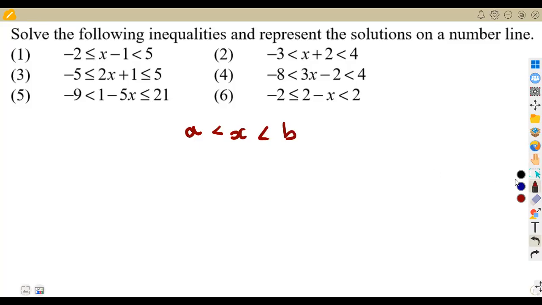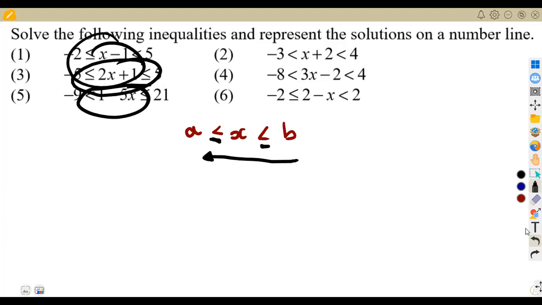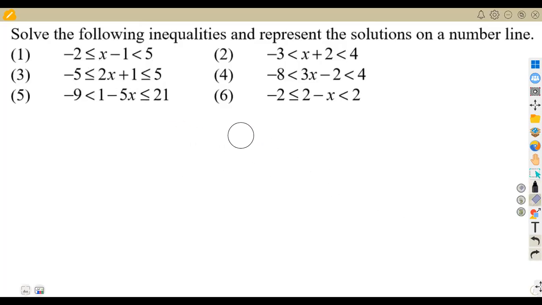Whether it is greater than or equal to, or less than or equal to, the inequality signs should face one direction, the same as they are on this presentation. That is how they are supposed to be on your final answers, exactly as they are.